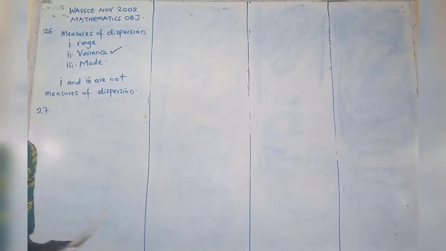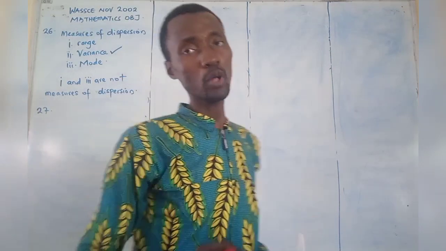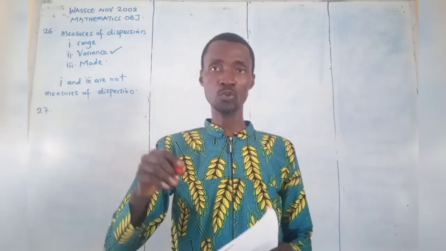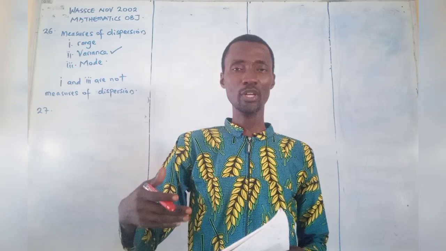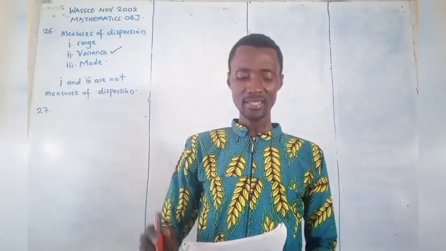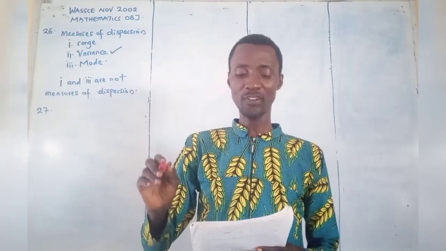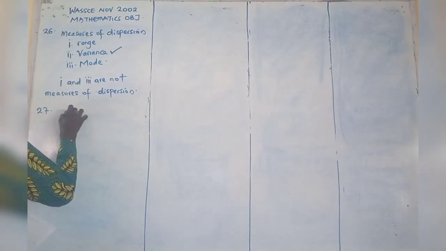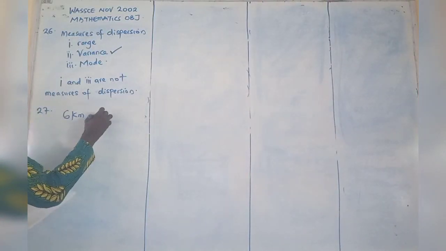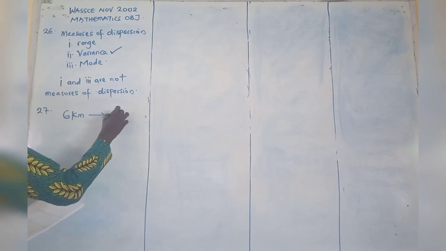It takes an athlete. Now, when you're dealing with word problems, try as much as possible to scribble something down. It gives you a better way to answer the question. It says it takes an athlete 45 minutes to jog a distance of 6 kilometers. So 6 kilometers corresponds to 45 minutes.